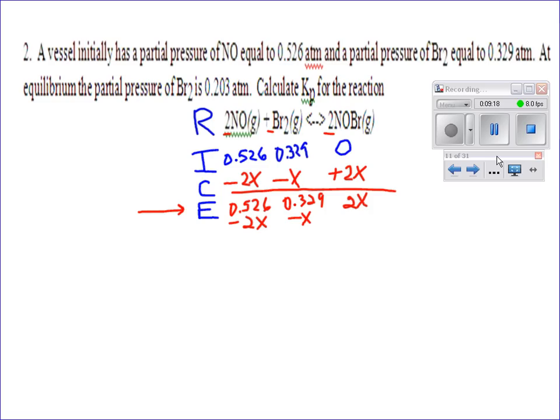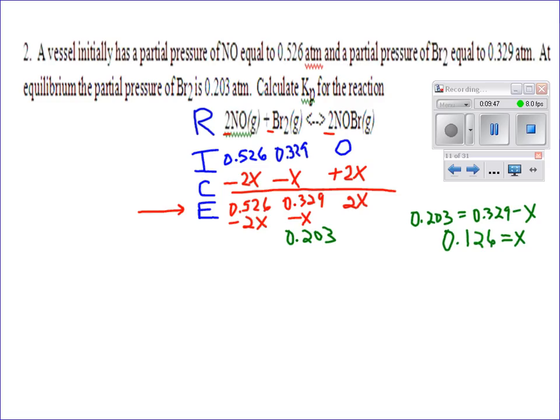They told me the partial pressure of Br2, of this guy, is 0.203. Well, how's that going to help me? I'm going to solve for x because now I know 0.203 is equal to that equilibrium pressure of 0.329 minus x. So when we do that, I end up with my x being 0.126.